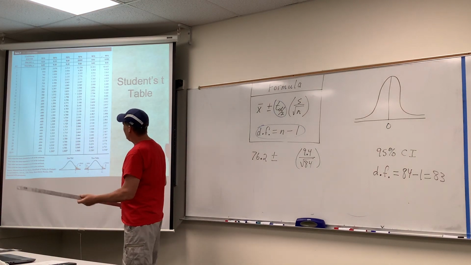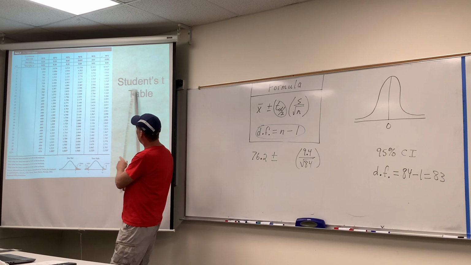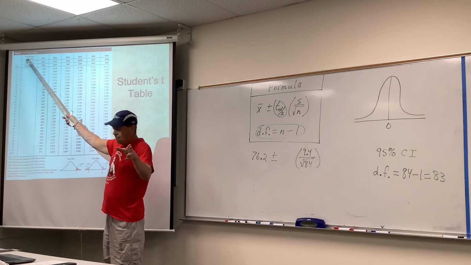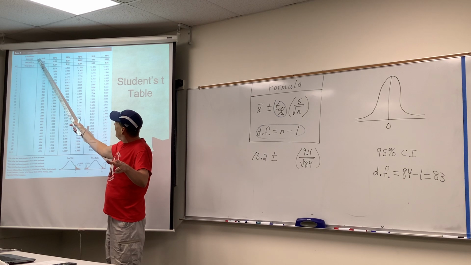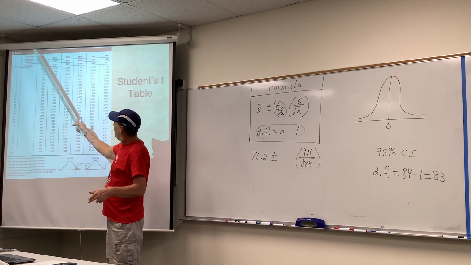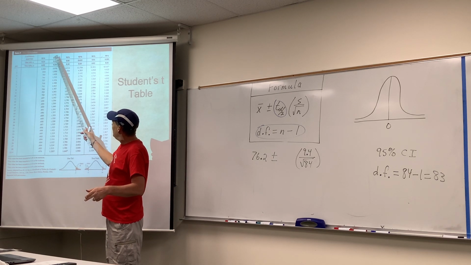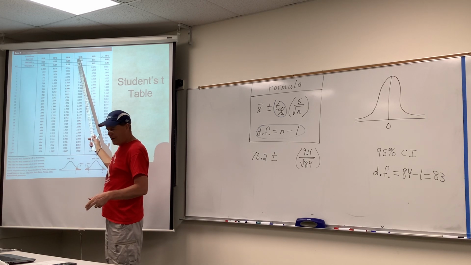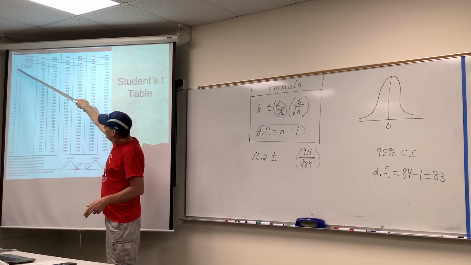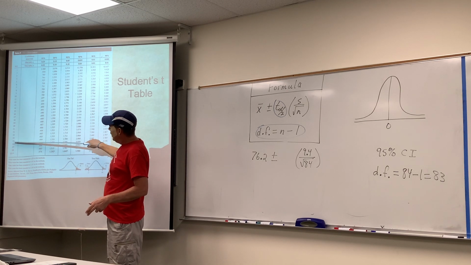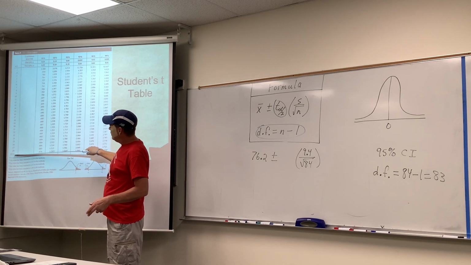You will notice at the top here of this Student's T-Table, it says confidence intervals, which is what we're doing. And there's a 95% there. It would be this fourth one over, pardon me, right? Confidence intervals, 50, 80, 90, 95. We're in that column that says 95, all right? And then the degrees of freedom start at 1 and work their way up to 28, and then there's an infinity symbol at the bottom.